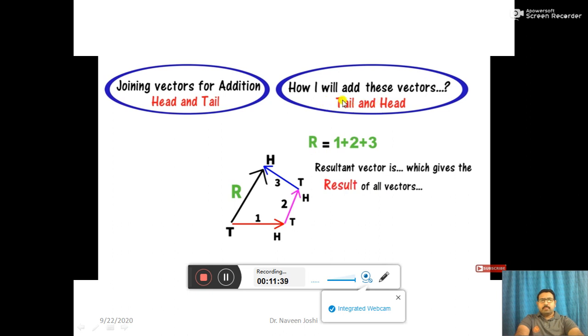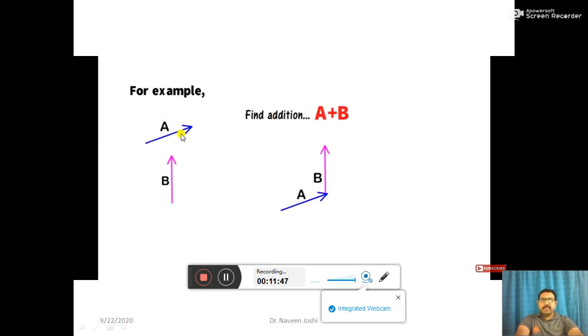So how will I add these vectors, tail and head. Example 2, vector A and vector B. Vector A is represented by the blue line, vector B is represented by the pink line. Find A plus B. So addition of A plus B: first you write vector A, that is the blue color line.